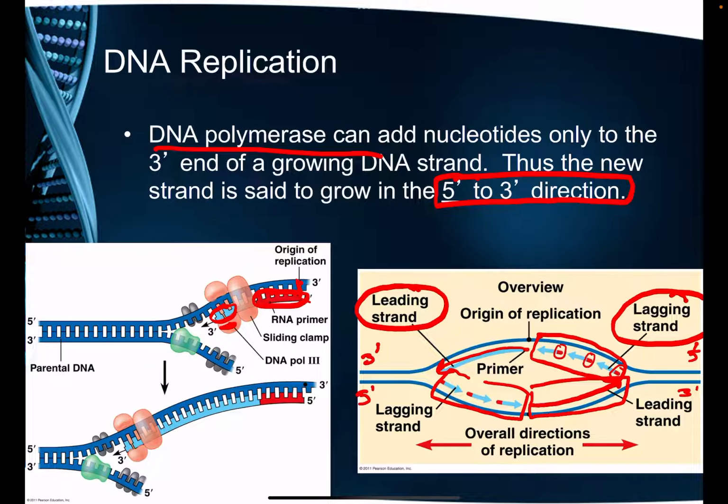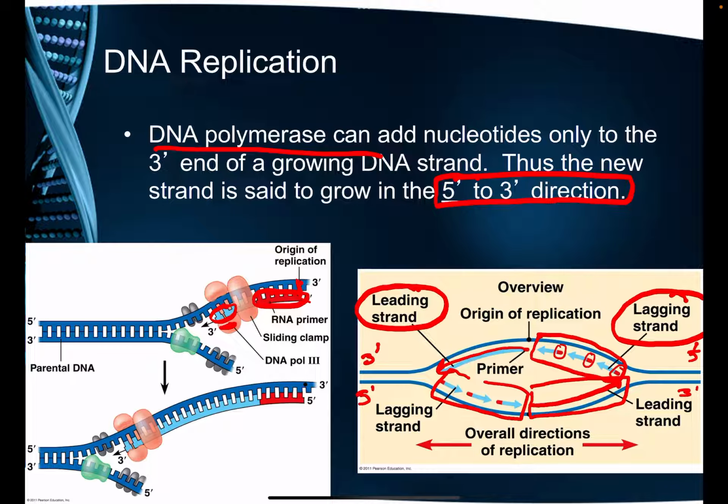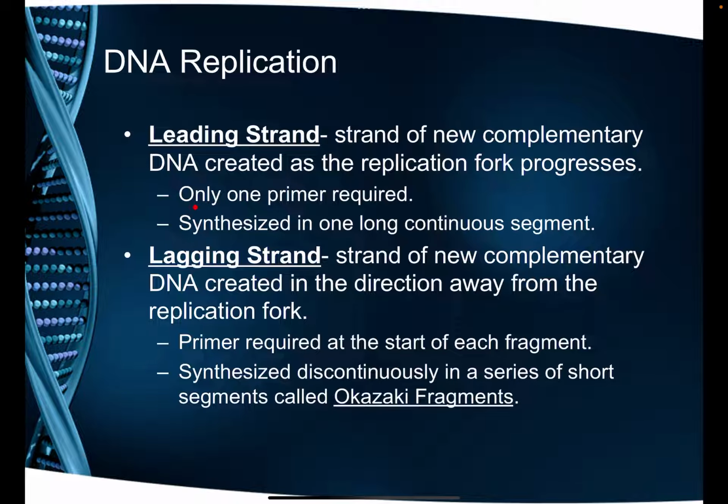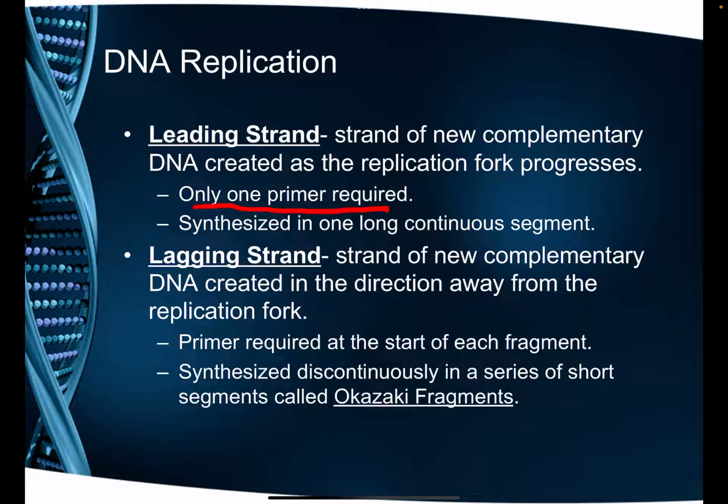Okay, so leading strand, it is created as the replication fork progresses. So wherever the origin starts, it's going to be the one that's going from 5' to 3' from the start of the origin. Okay, same over here, from 5' to 3' from the start of the origin. Only one primer required for it.